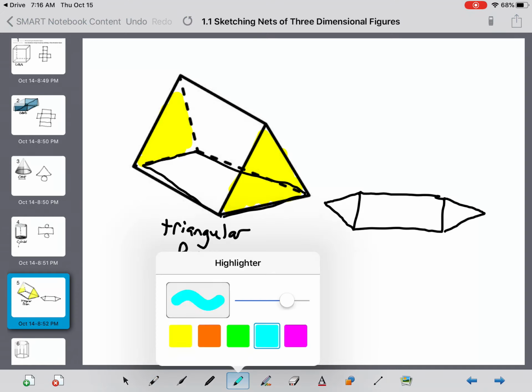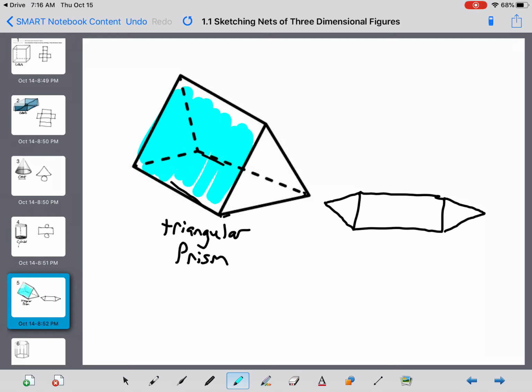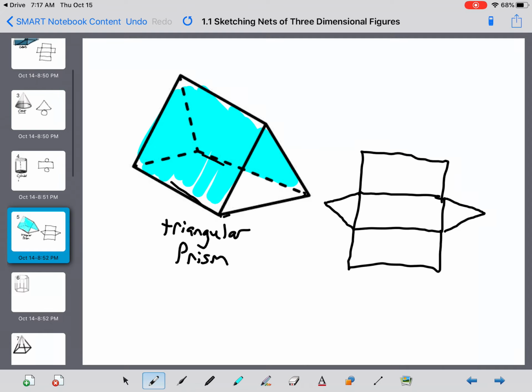But the front wall and the back wall, right here and right here, are two rectangles again. So put one on the top and one on the bottom. And there is your triangular prism.